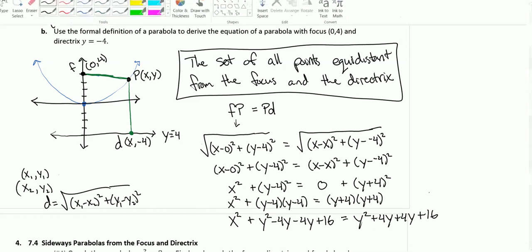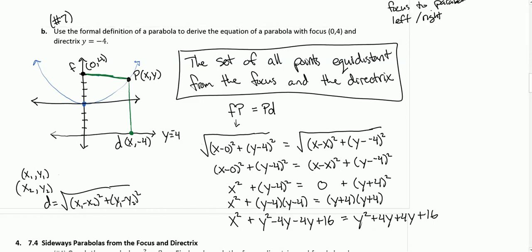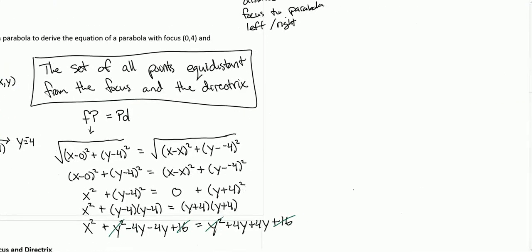So a few things we can cancel out here. We could subtract 16 from both sides. We can also subtract y squared from both sides.